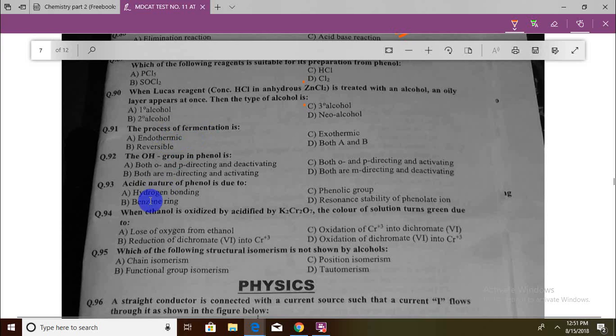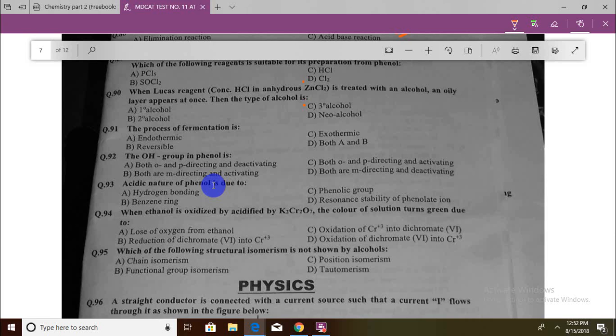So the OH group in phenol is ortho-para-directing and deactivating, meta-directing and activating, ortho and para-directing and activating, or meta-directing and deactivating. We know that OH is definitely ortho and para-directing, and what that means is that whenever it attaches to a benzene, the second and the fourth positions are the ones that are activated.